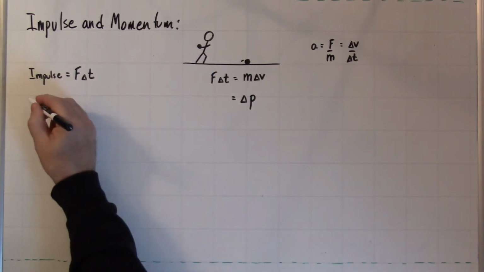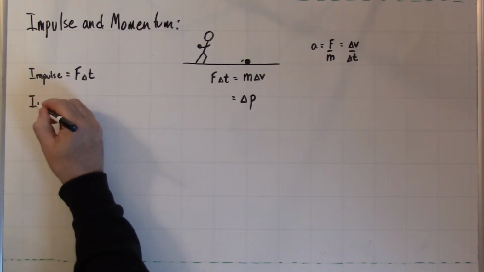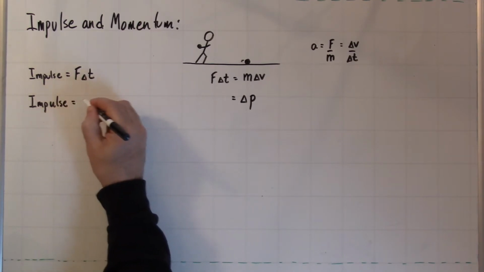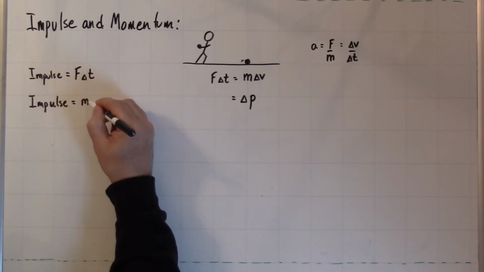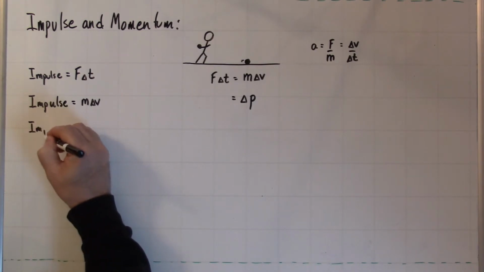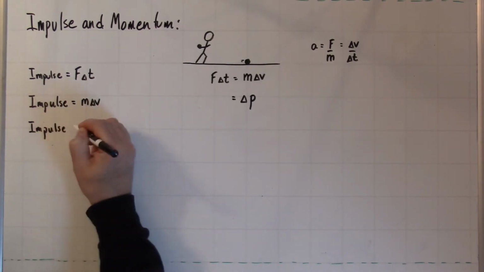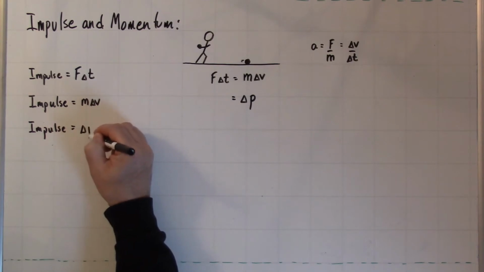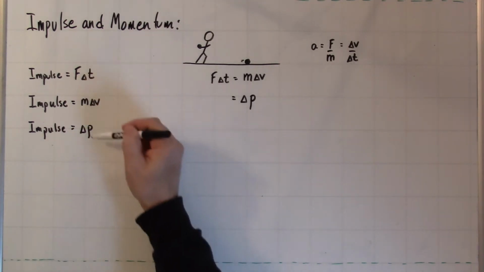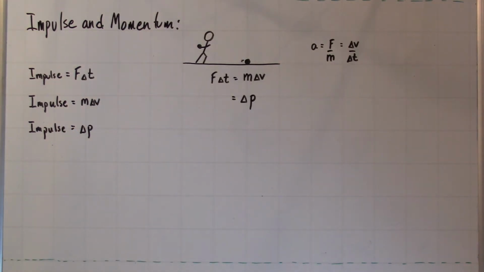So we use these interchangeably, even though they're not exactly interchangeable. Sometimes we say that the impulse is the mass times the change in velocity, and sometimes we say the impulse is just the change in the momentum. So we use this word impulse to denote all three of these, but really it's just this one, but sometimes you can calculate it the other ways.